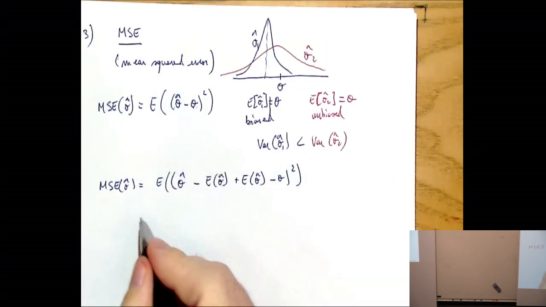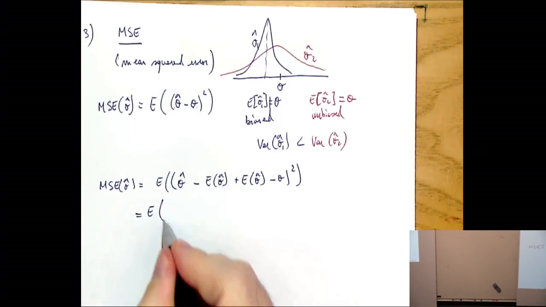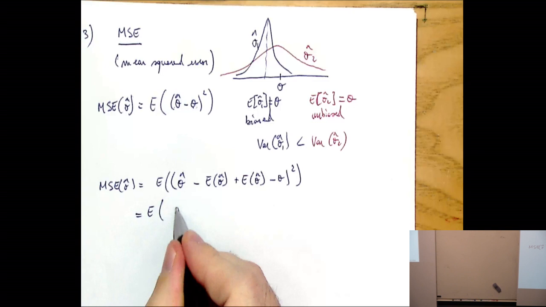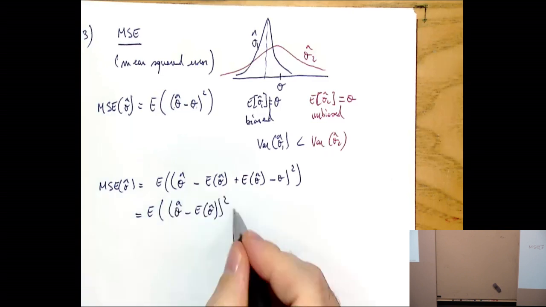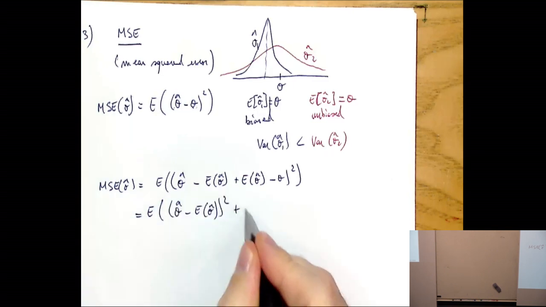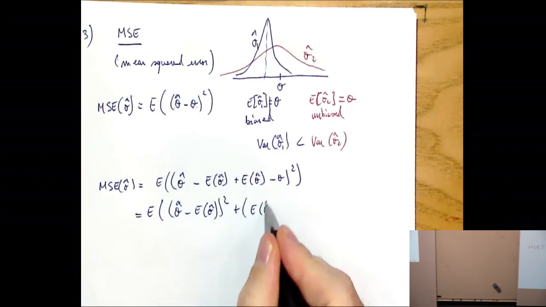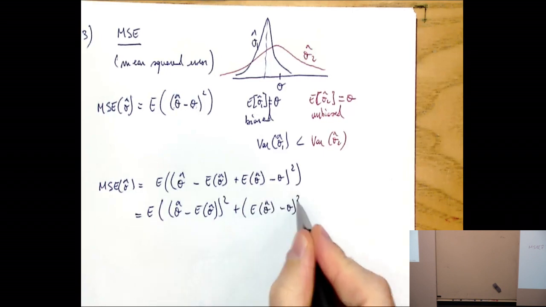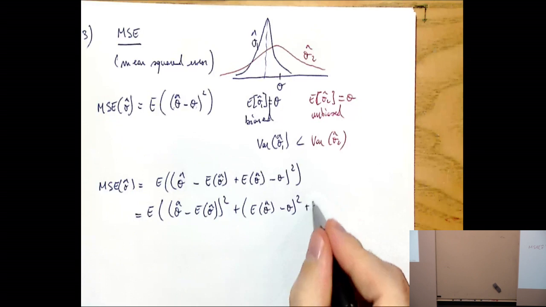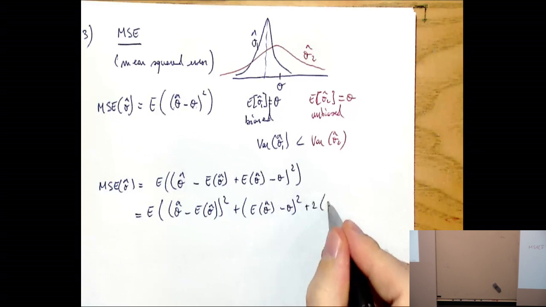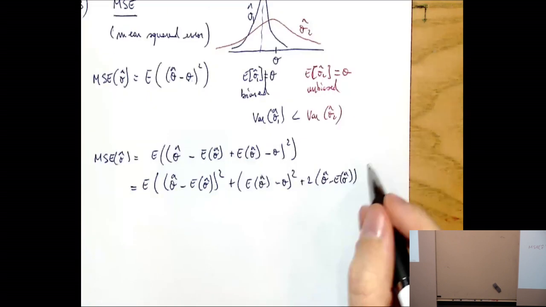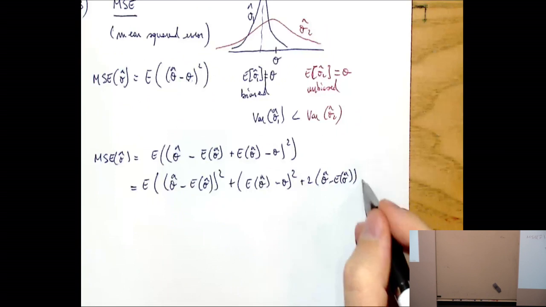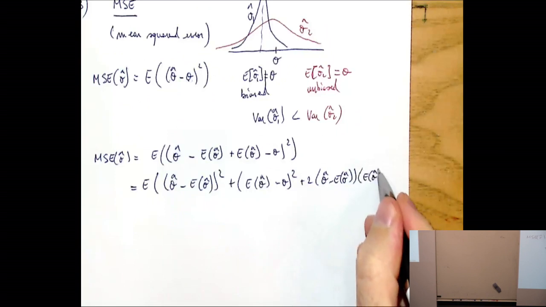But by doing that, now I can expand this and see what it looks like. I have theta hat minus expectation of theta hat plus expectation of theta hat minus theta, the square of those two, plus 2 times the first term multiplied by the second term.